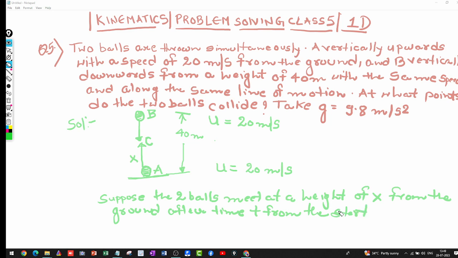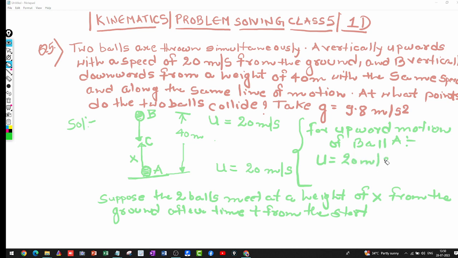So how we are going to formulate is, first we will be considering ball A, for the upward motion of ball A, which is u equal to 20 meter per second.